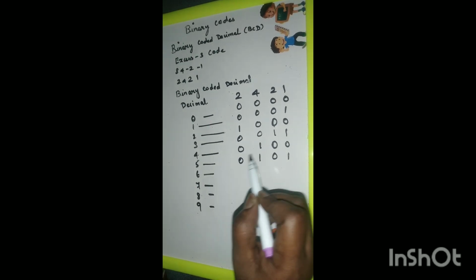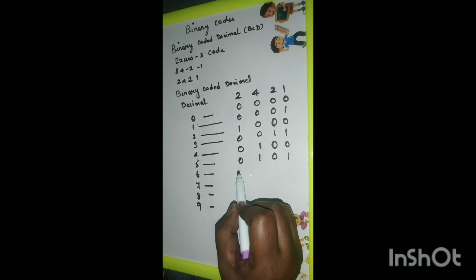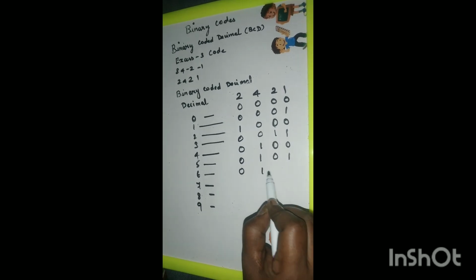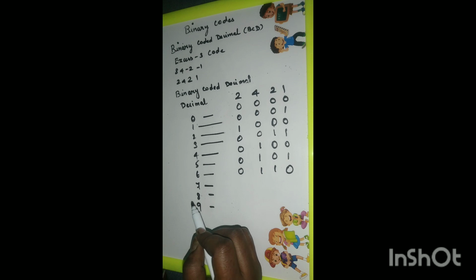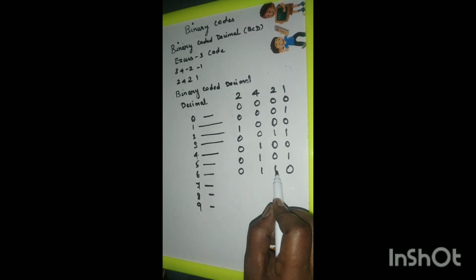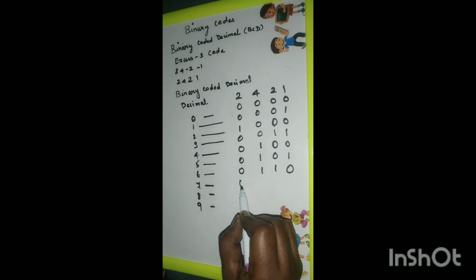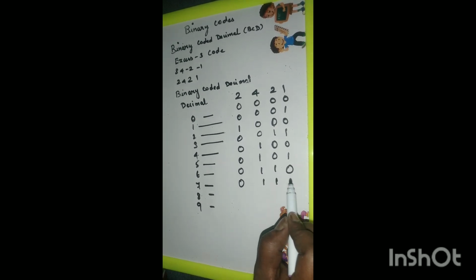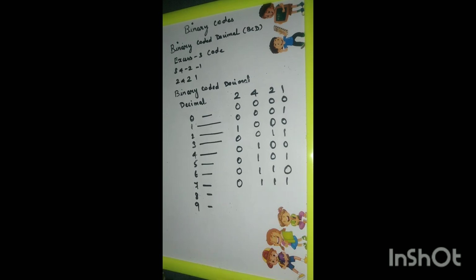Next is 6: 4 plus 2 is 6, so I assign this 2 and 4 as 1, for others 0. Next is 7: 4 plus 2 is 6, 6 plus 1 is 7, so for 4, this 2 and 1 I assign 1.